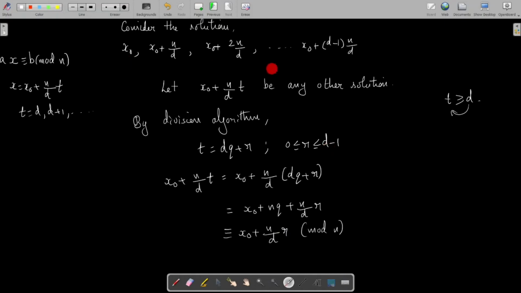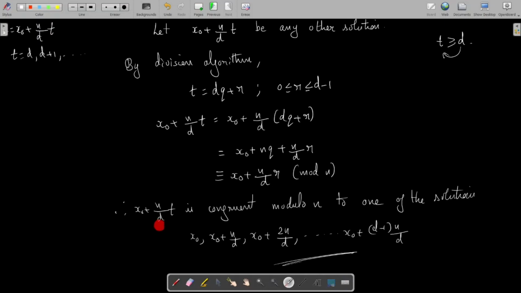Here also the solutions are written in such a way that the multiple of n by d lies between 0 and d minus 1. Therefore, x0 plus n by d t, which is any other solution of the linear congruence, will be congruent to x0 plus n by d r mod n. That is one of the solutions in this list.